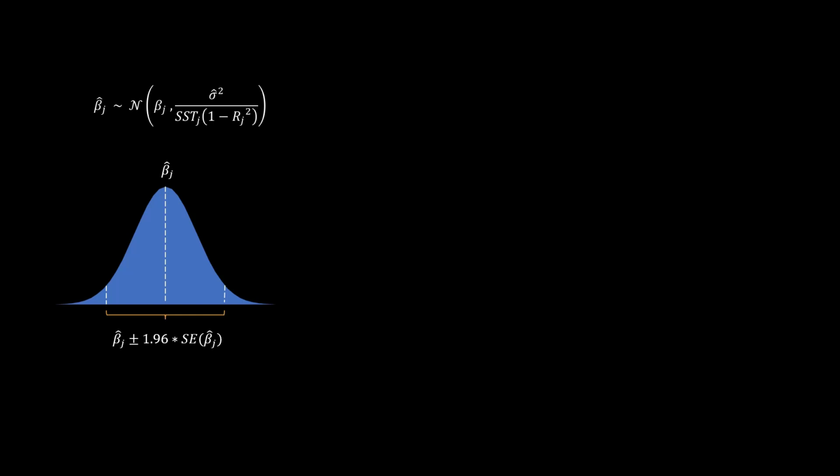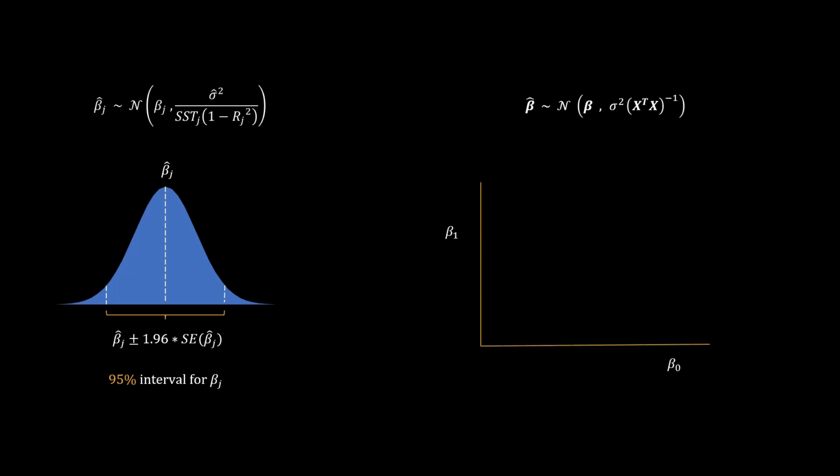We can also specify confidence regions for parameters jointly. The joint distribution of beta is bivariate normal. For example, if we consider simple linear regression with intercept, which is a special case of multiple linear regression, then we can create confidence region for beta 0 and beta 1 jointly.